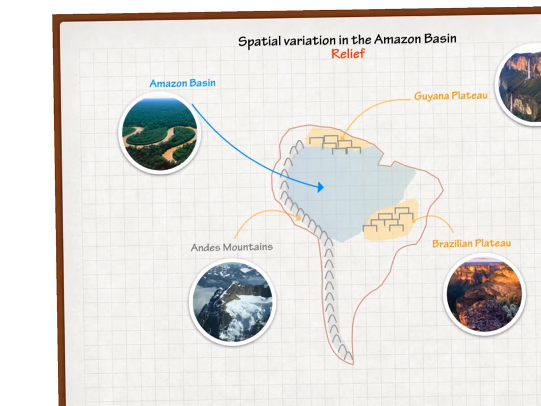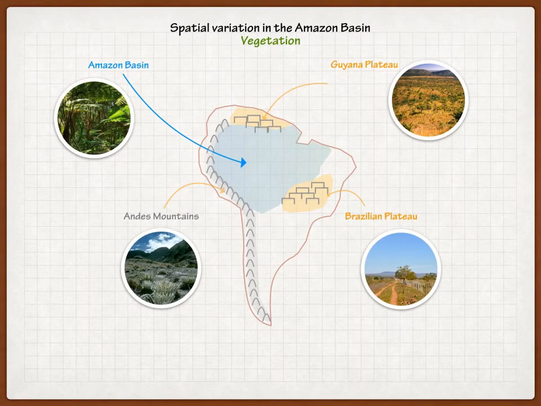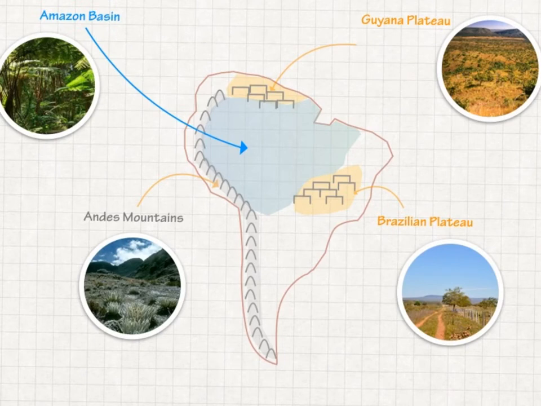Okay, moving on, we've got the vegetation, and the vegetation kind of matches those areas of relief as well. On the Andes Mountains, we have montane forest. It's a word that sounds like mountain, and if you've been up mountains, you've probably noticed that the vegetation changes as you gain altitude.